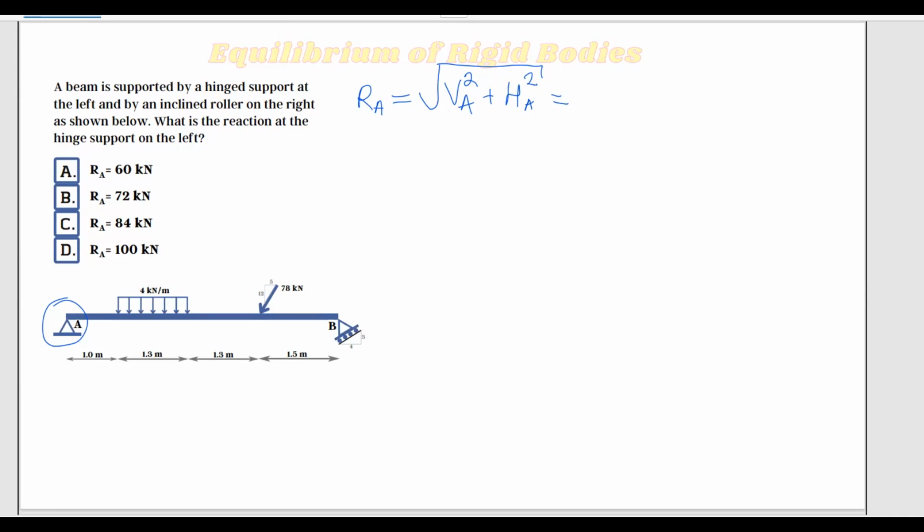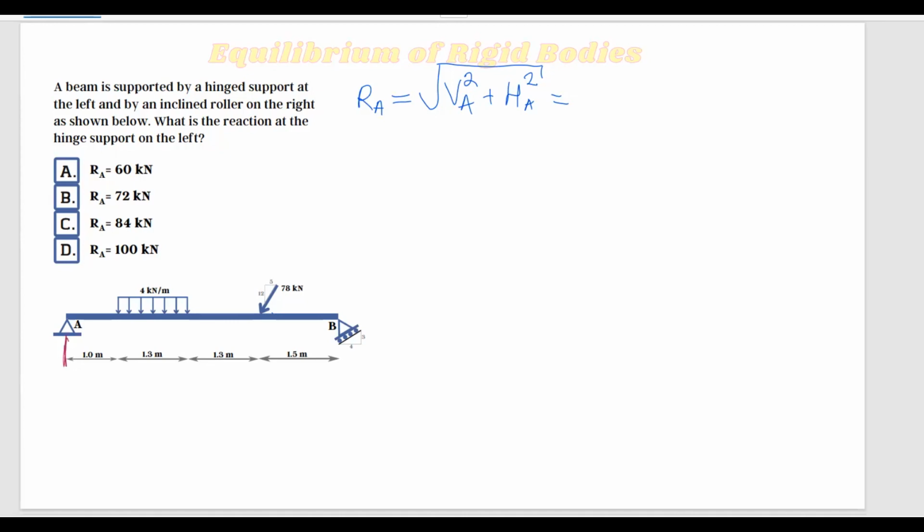This beam has a uniformly distributed load. It has a point load, which makes an angle with the beam, and we have a roller that is inclined. So let's see how we're going to proceed here. Let's start by drawing our reactions.